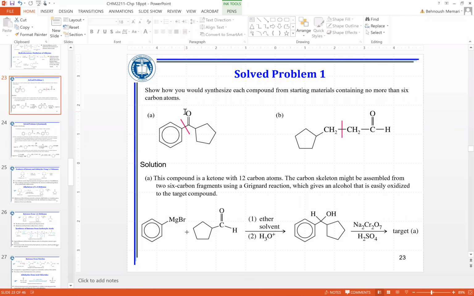You want to make a ketone. We've been talking about making ketones for at least 22 minutes. Can you tell me, how could you make a ketone? Any response? How can you make a ketone?